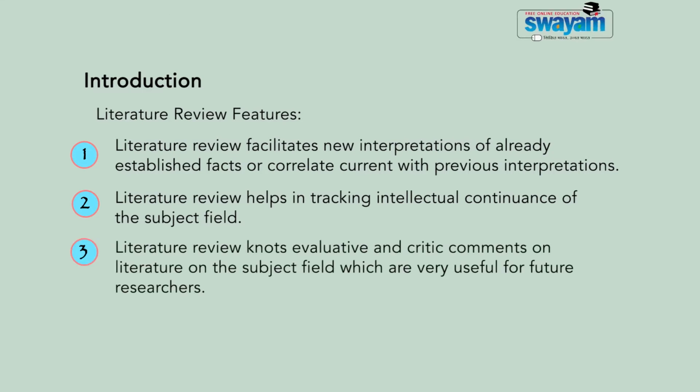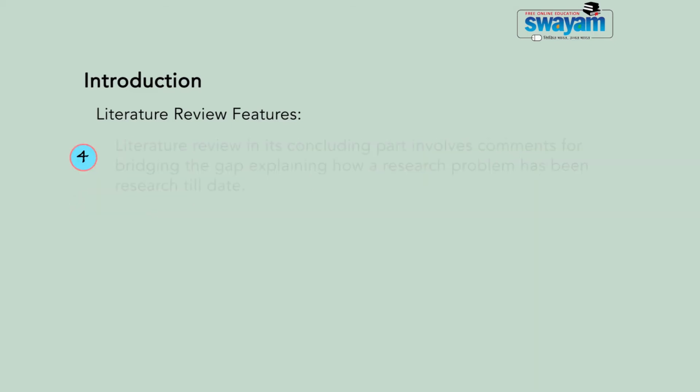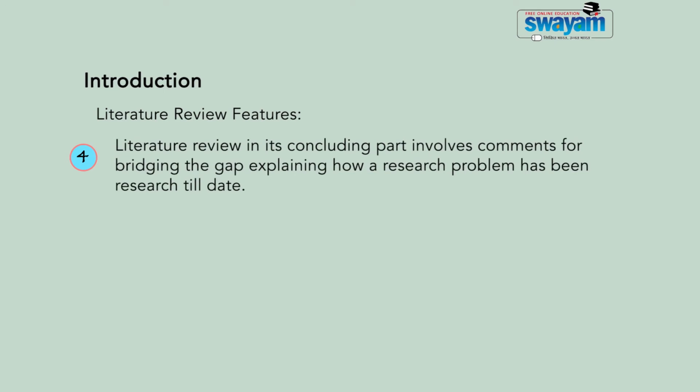Literature review notes evaluative and critical comments on literature on the subject field, which are very useful for future researchers. Literature review in its concluding part involves comments for bridging the gap, explaining how a research problem has been researched till date.